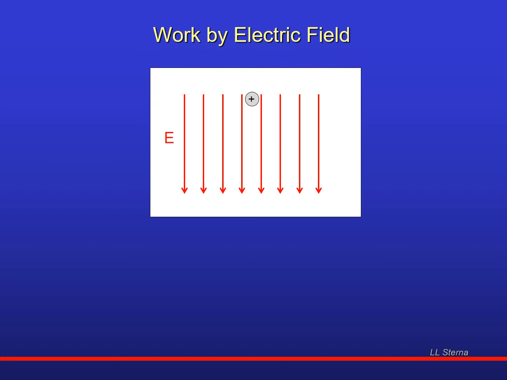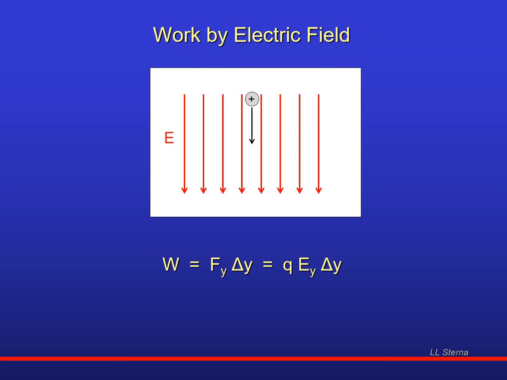Well, you should remember from Physics 1, work is force times displacement. And here we have the arrow. The field is going to make a positive charge move down.